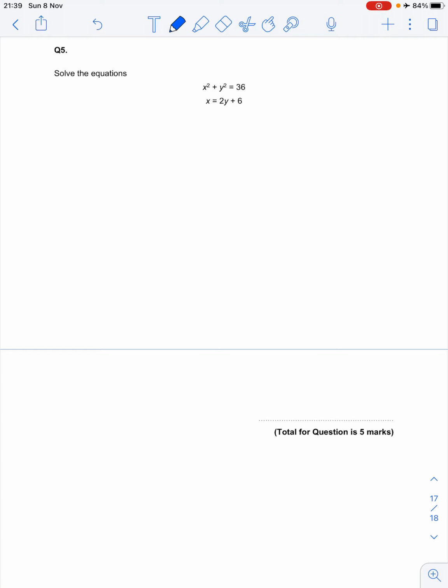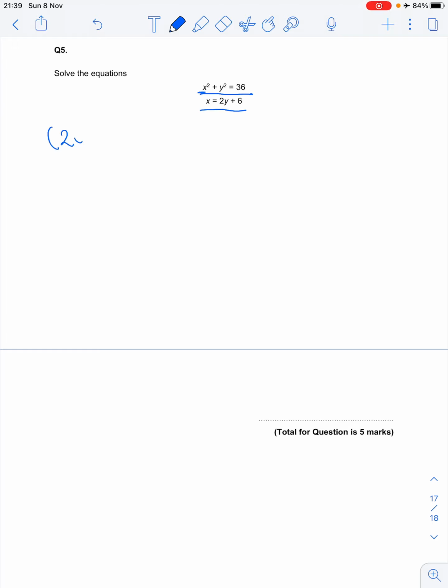So question 5, we have to solve this equation, and we have a quadratic and a linear. So remember, step 1 we have to do is substitute our linear equation into the quadratic. So we know x equals 2y plus 6.